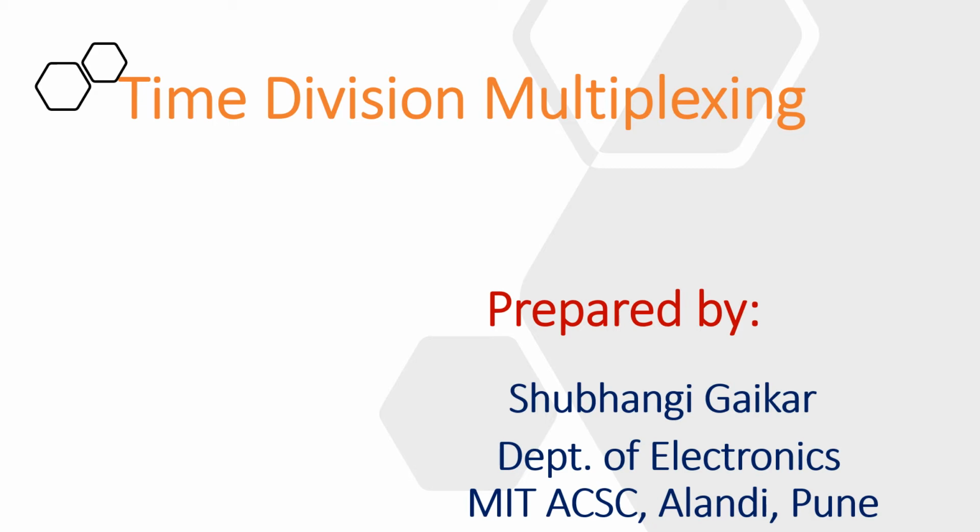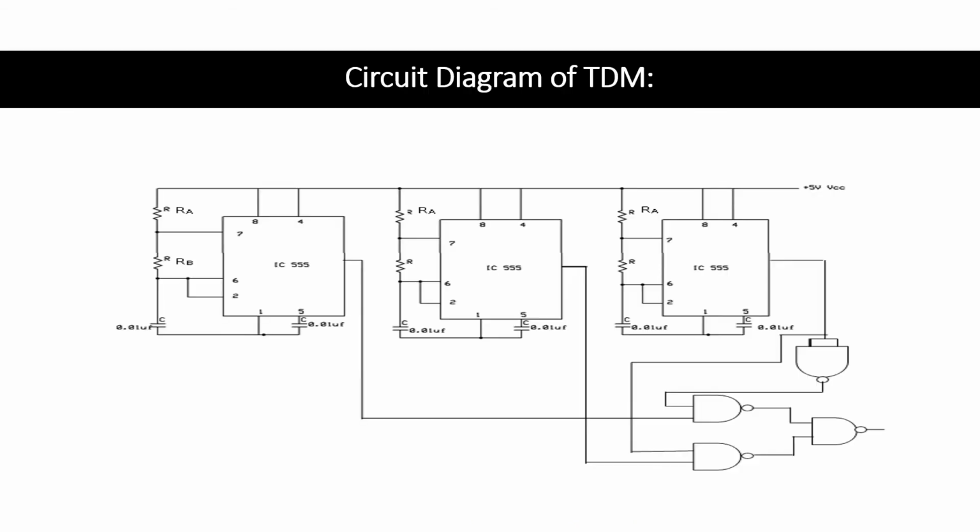Now we are going to discuss the practical demonstration of TDM. To design this time division multiplexing circuit, we are going to use the 555 IC. The 555 IC is used as a timer.